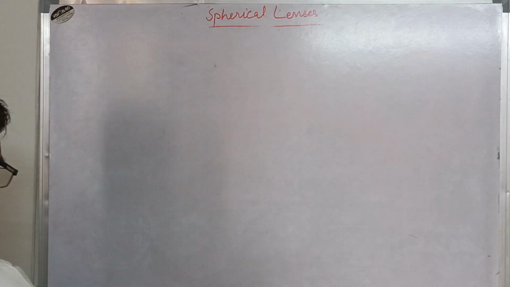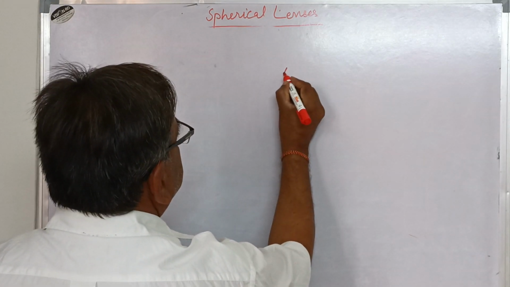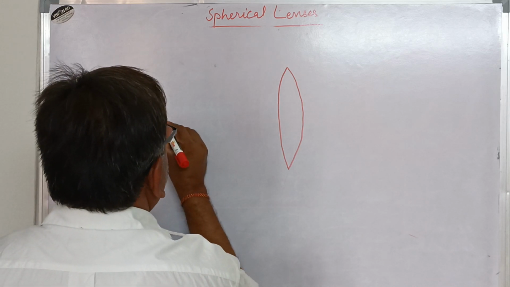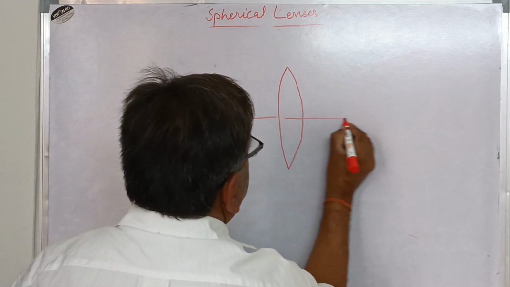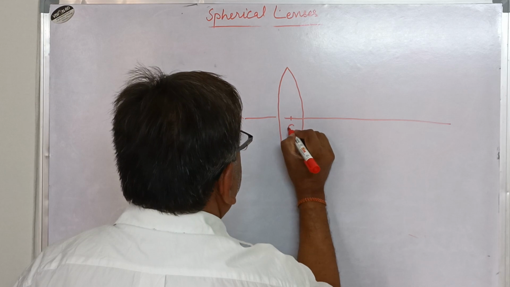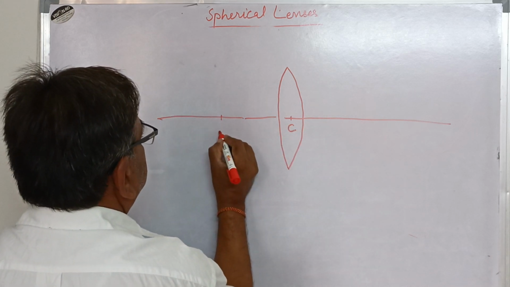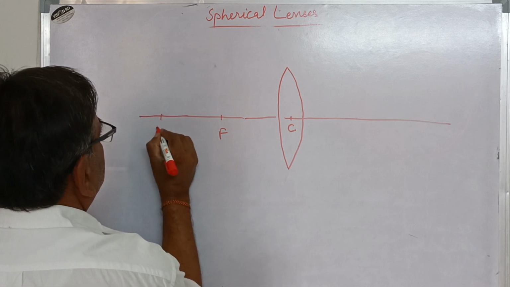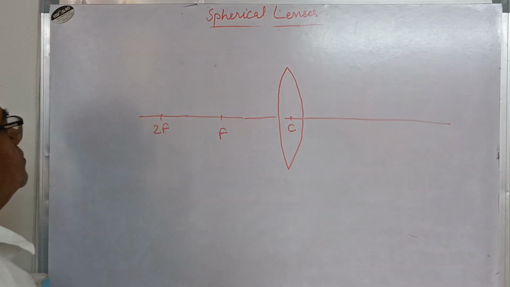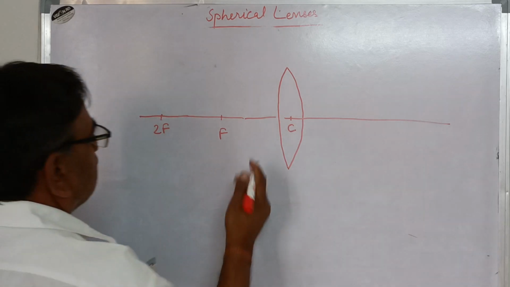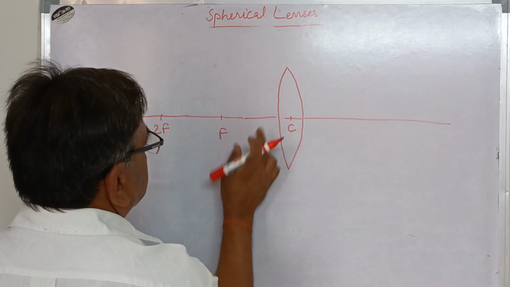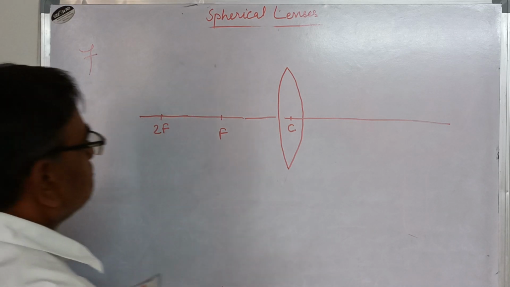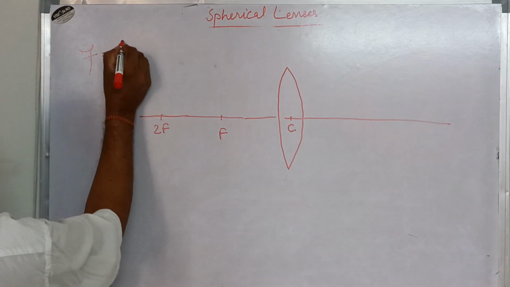First rule is, this is the convex lens, this is the axis, and this is the optical center. This is F, focus, and this is 2F. The distance CF is the focal length, denoted by F.